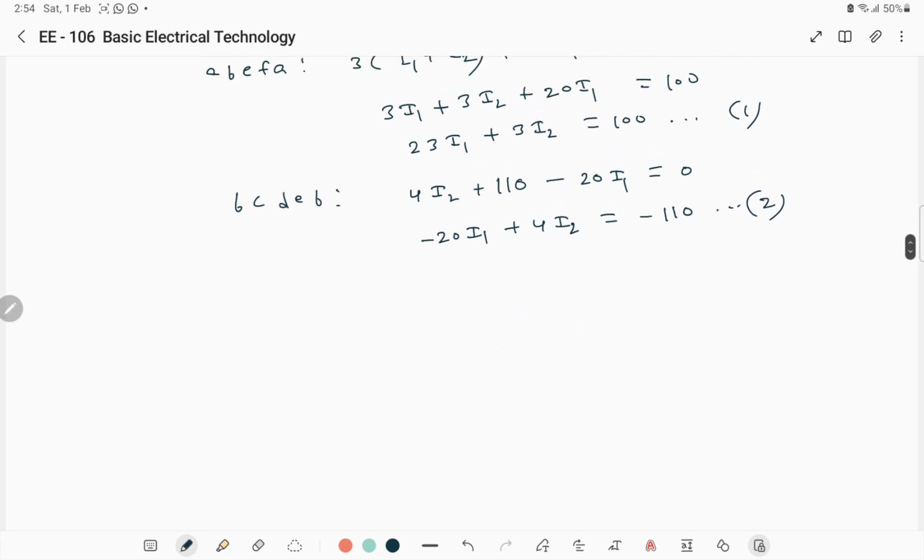Take equations 1 and 2 and write them in the matrix form: 23, 3, minus 20, 4, times I1, I2, equal to 100, minus 110.